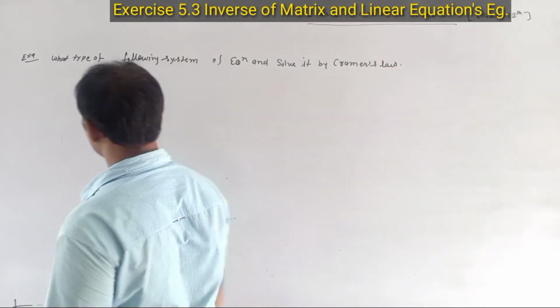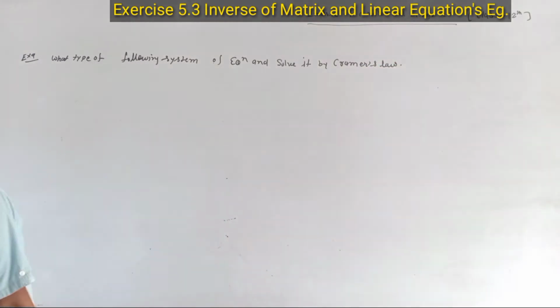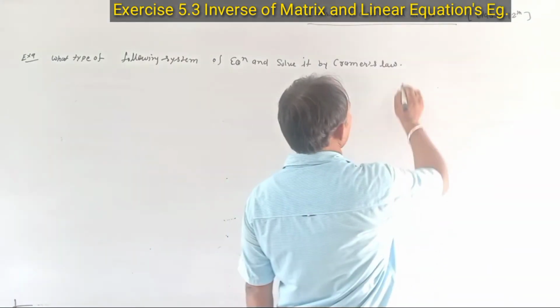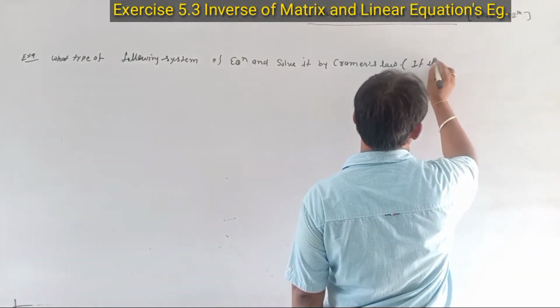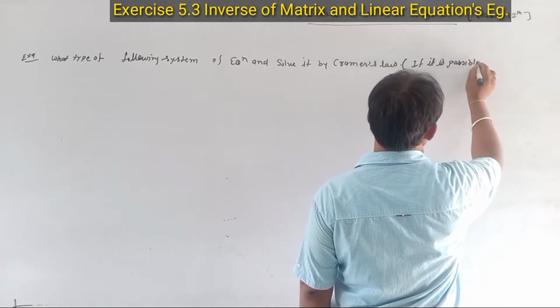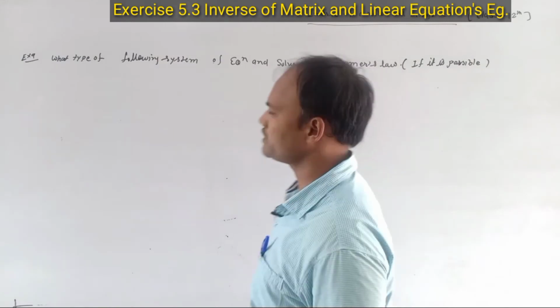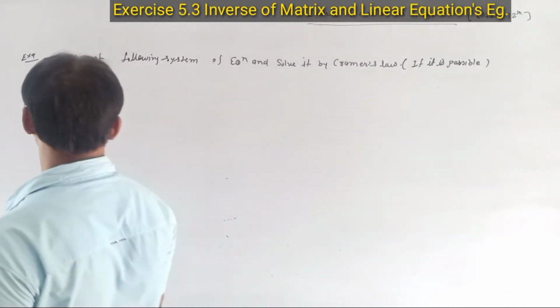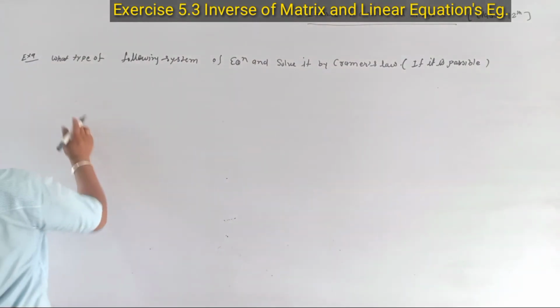Okay, so students, this is your question. What type of following system of equation, and if it is possible, then we have to solve this by Cramer's law. Okay, so what is the question?